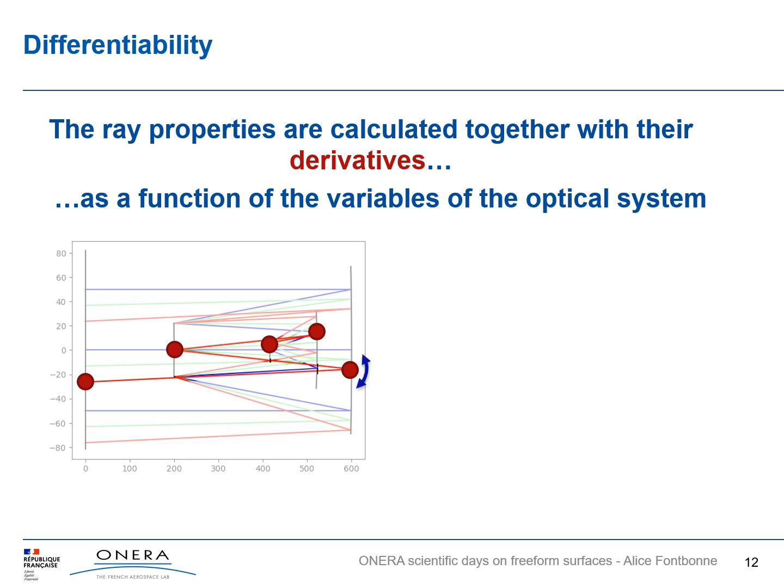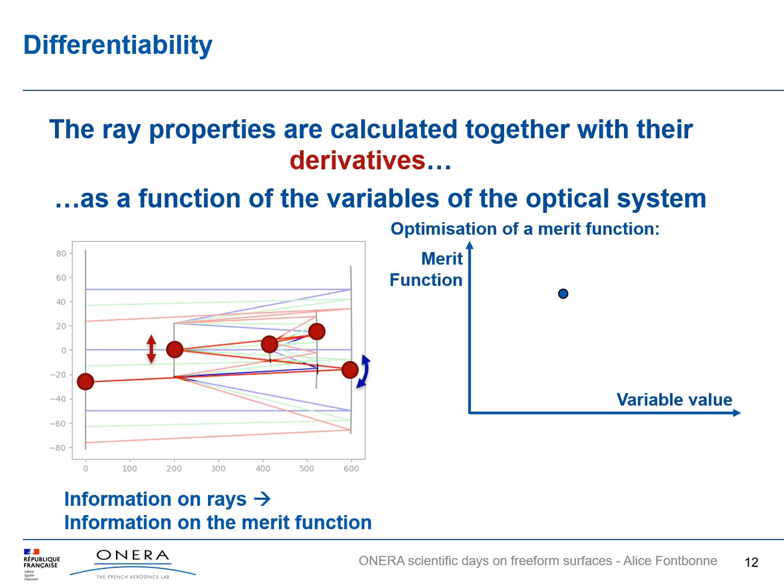For example, if you tilt this mirror, you have the information on how these points will move with the tilt of the mirror. So if you have information on rays, you can have information on the merit function, and that can be quite nice for things like optimization.